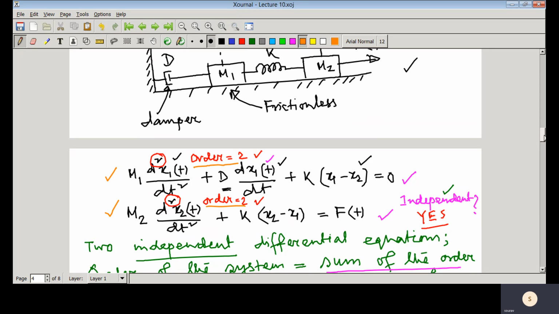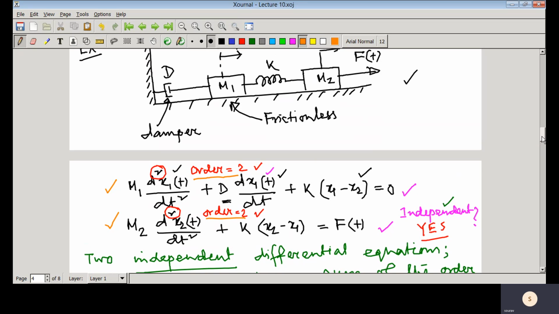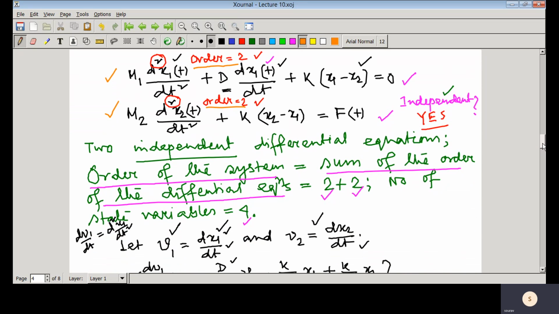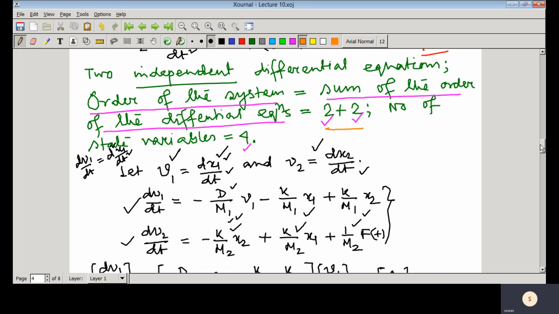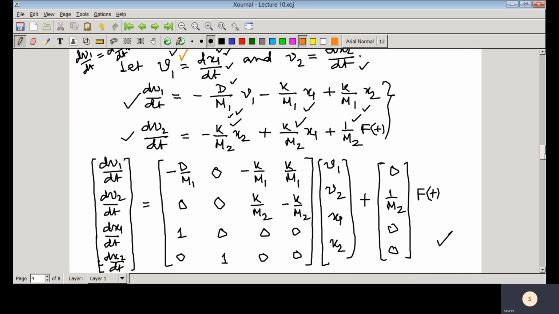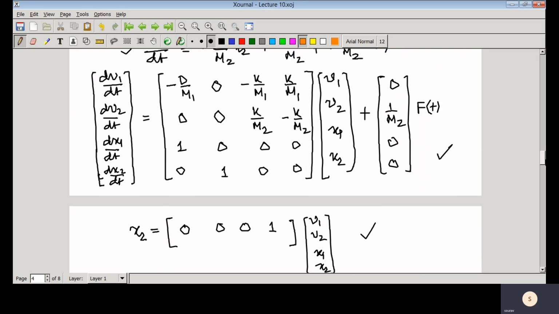So if we take the sum of those orders, it tells you how many state variables you need to describe this system. Here in this case it is 4, and the order of that system is also 4. Then we have defined the state variables. So two state variables are the positions x1 and x2. The other two state variables are the velocities v1 and v2. Then we have written it in matrix form, and this is the state space modeling.